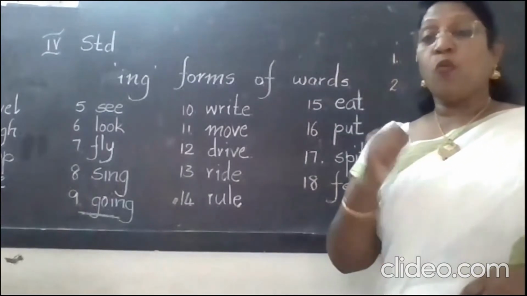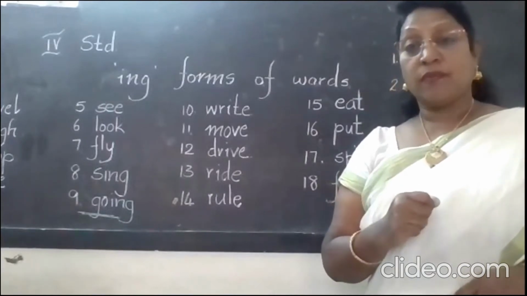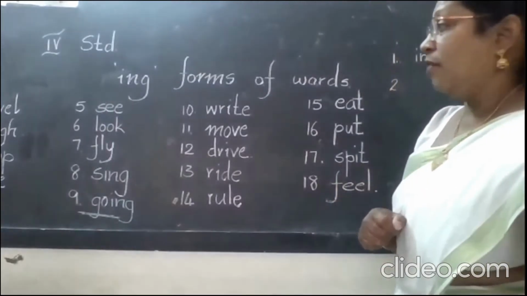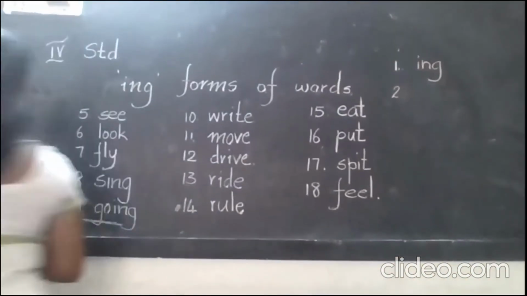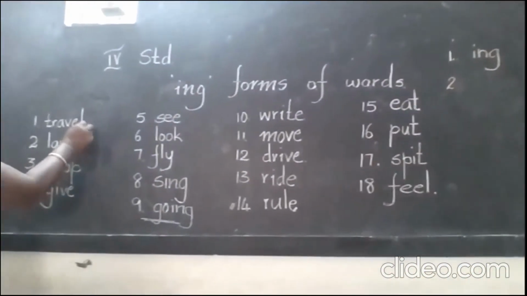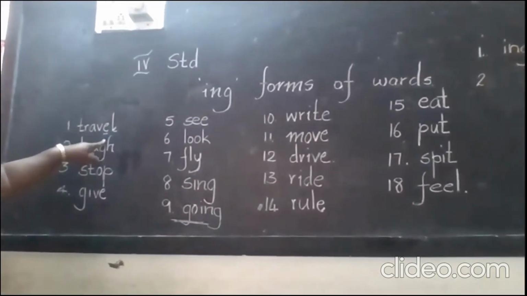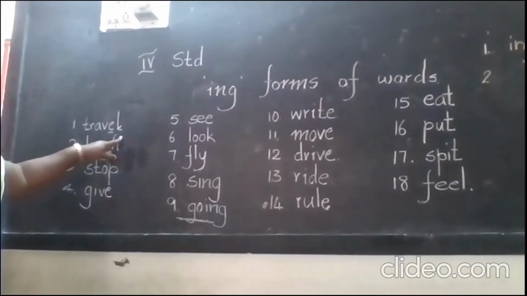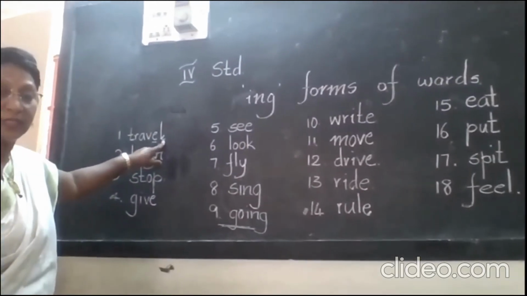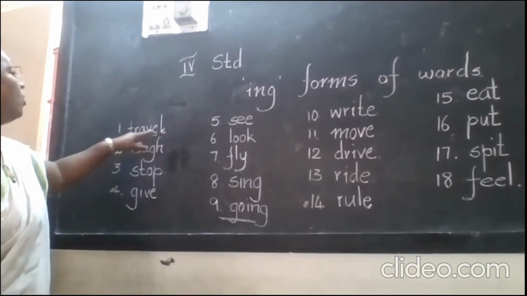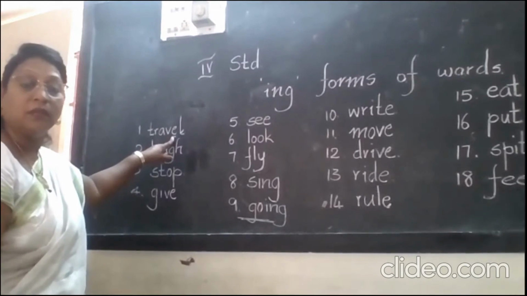Once you see the last 2 letters, you check them. For example, let me take you to travel. What are the last 2 letters here? E and L. So the last letter is a consonant, and before a consonant, you have a vowel.